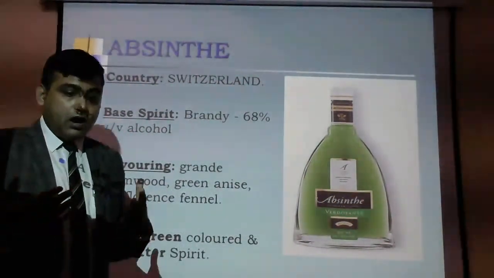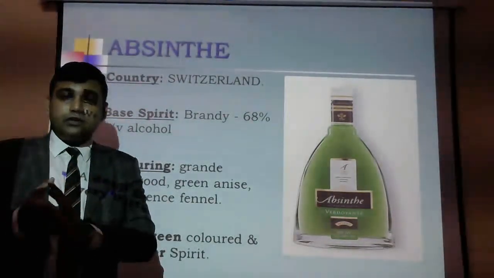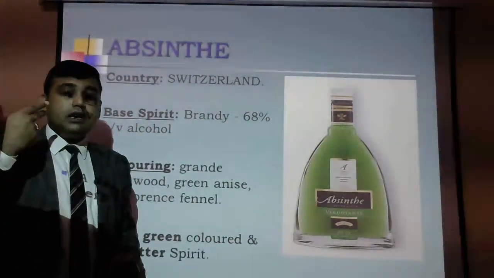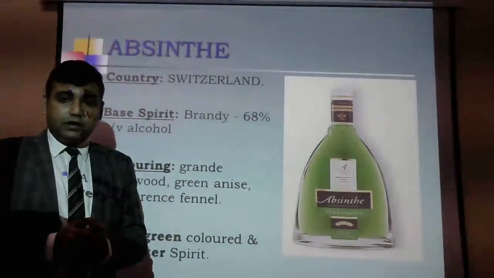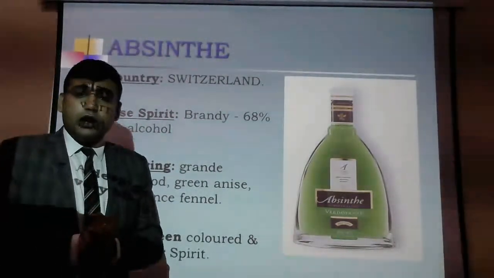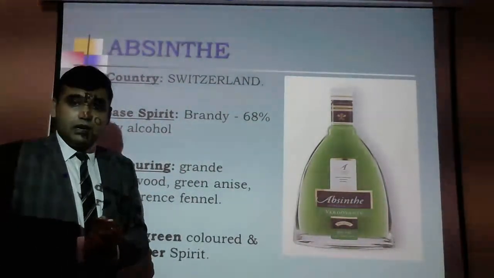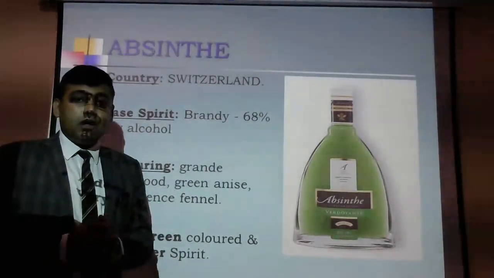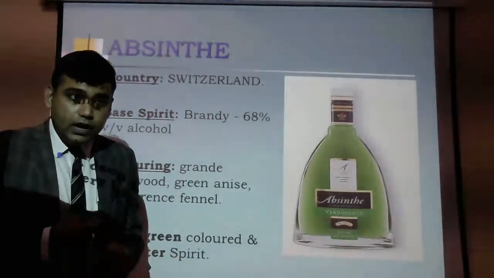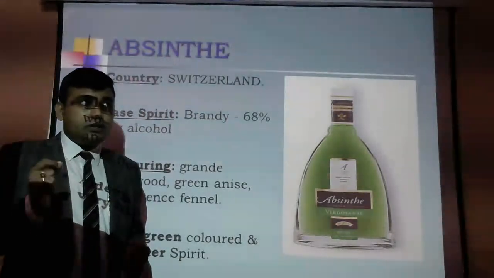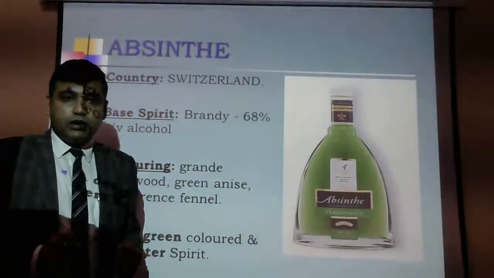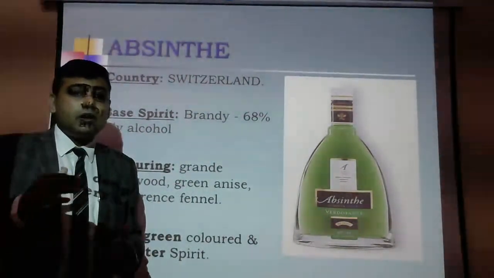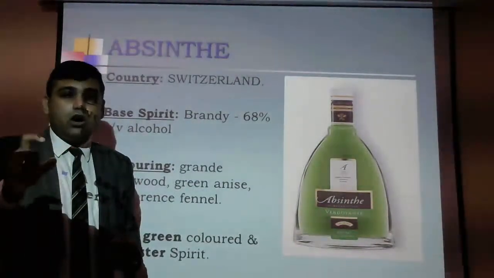All these herbs and spices are added after the distillation, and it increases the alcoholic percentage. It is distilled up to 80% volume by volume, or ABV, alcohol by volume, and it is very strong.